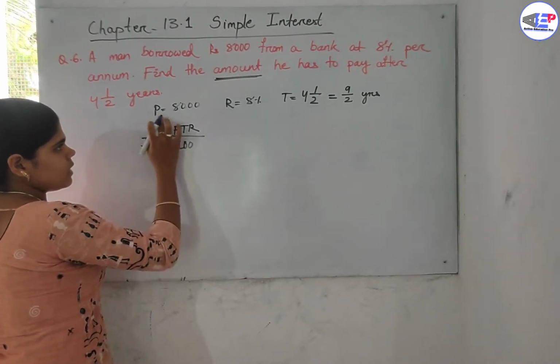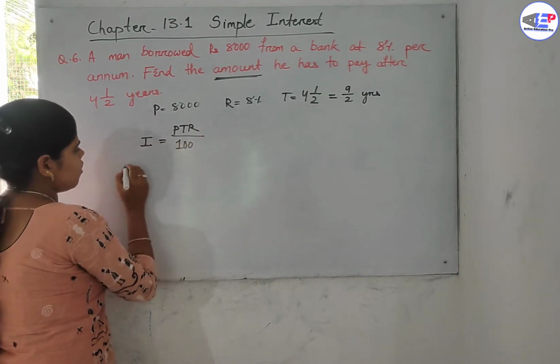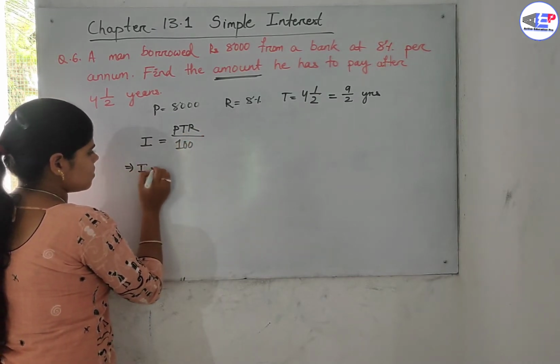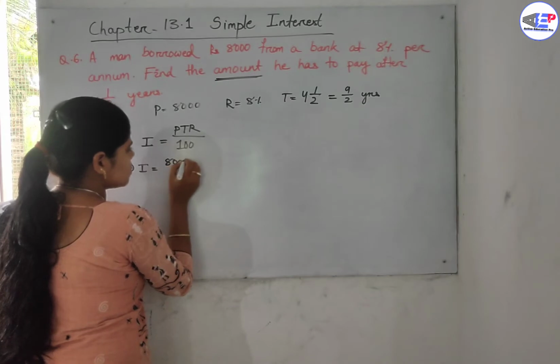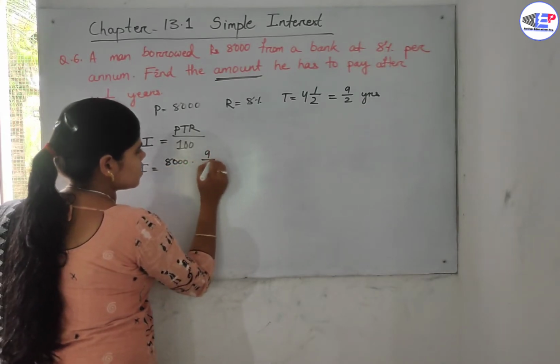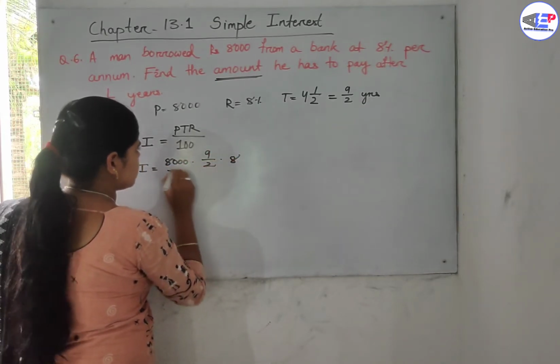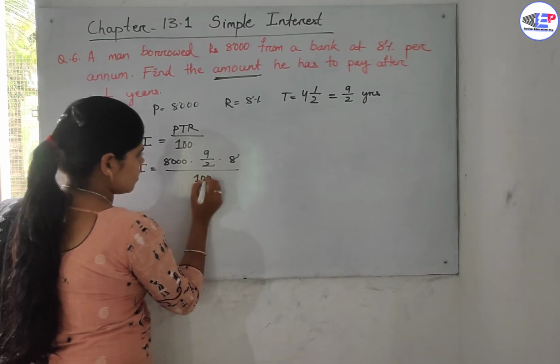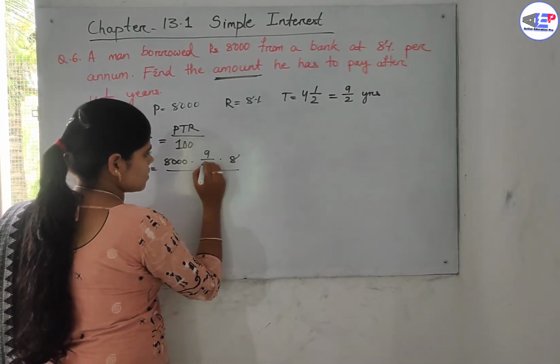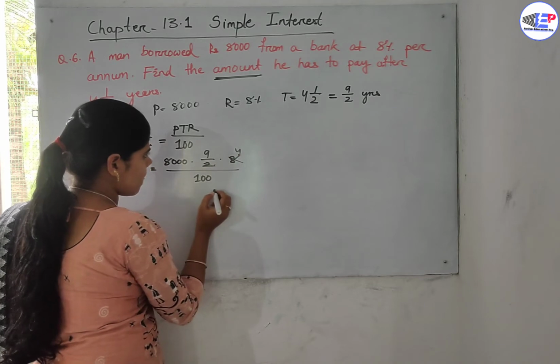Now put the values of P, T and R and get the value of I. Here I will be P is 8,000, T is 9/2 and R is 8 upon 100. Now cancel this to 4.